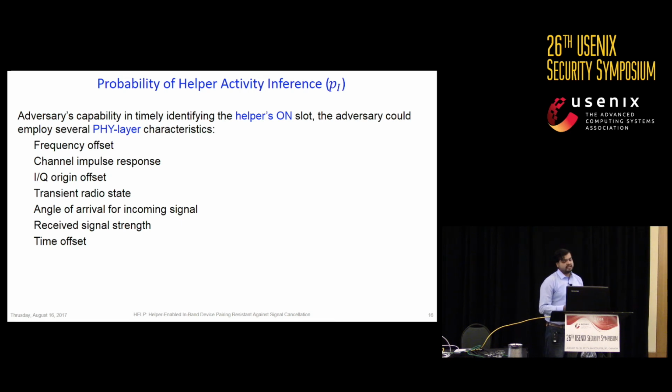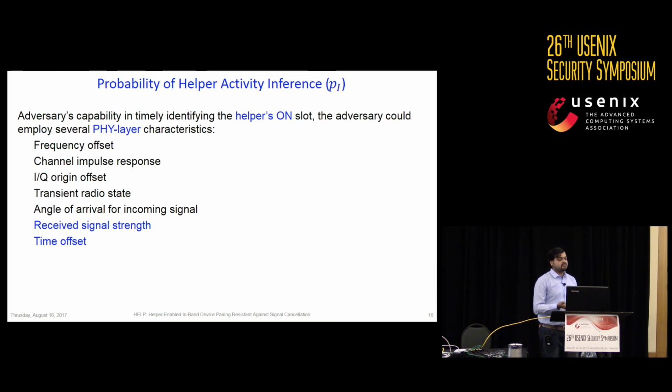The adversary could employ several physical layer characteristics, such as frequency offset, channel impulse response, IQ origin offset, transient radio state, angle of arrival for the incoming signal, received signal strength, and time offset. But for this, we are looking into the techniques that can be used only for an online attack and do not require much computation.